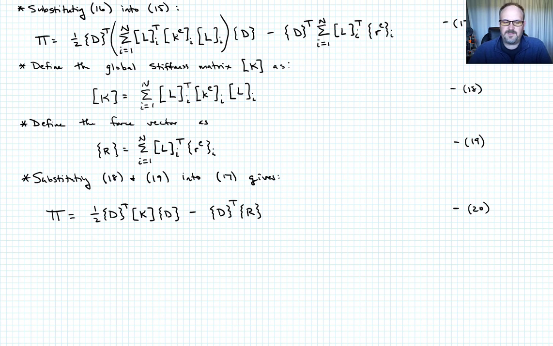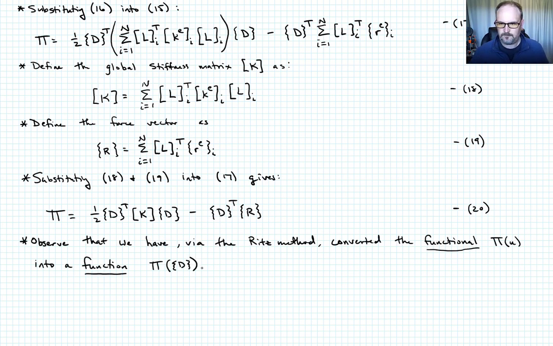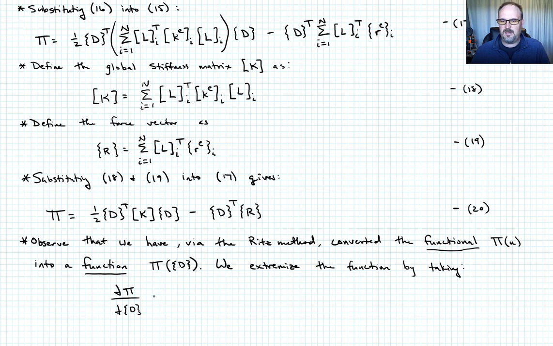Via the Ritz method, we've converted the functional, which was pi as a function of u, the displacement, into a function, which is now pi as a function of the nodal displacement vector d. And so now we know how to handle this. We can extremize the function by taking the following. We would say that del pi, now del with respect to our variables, our vector d, equals 0, right? Let's call that equation 21.